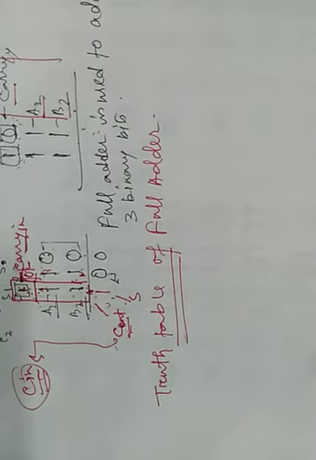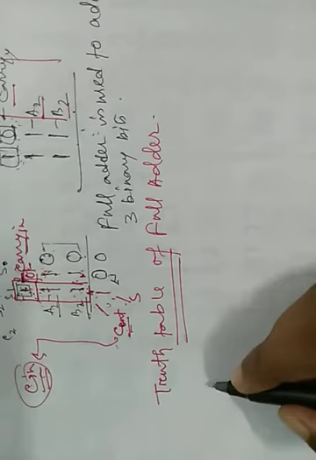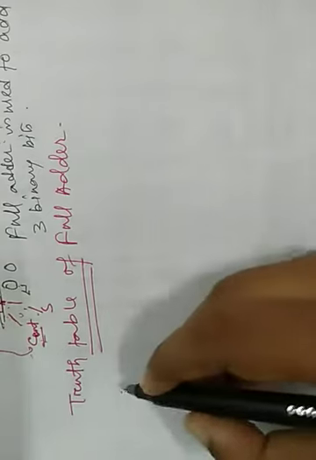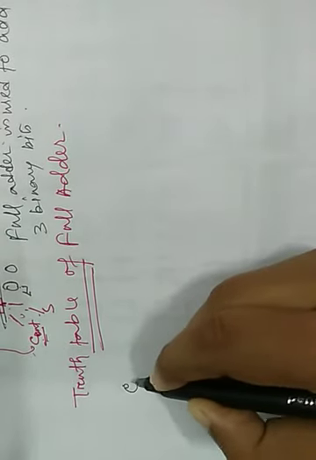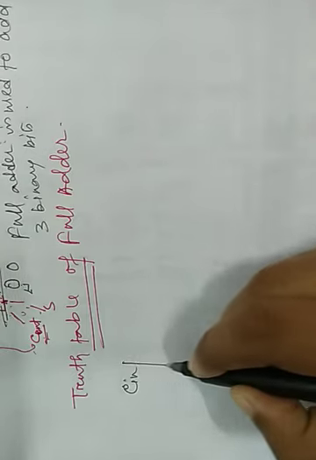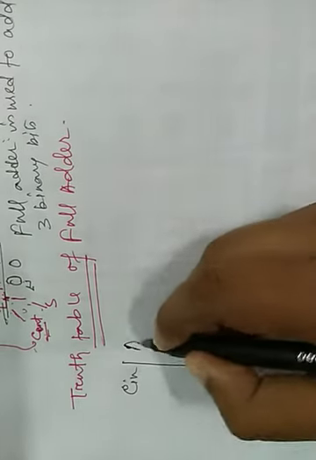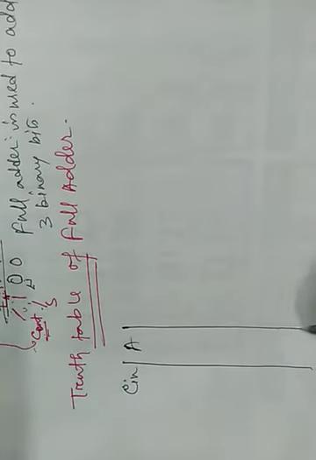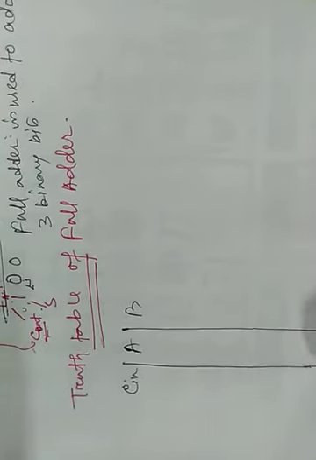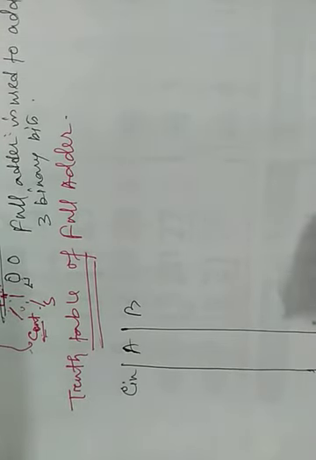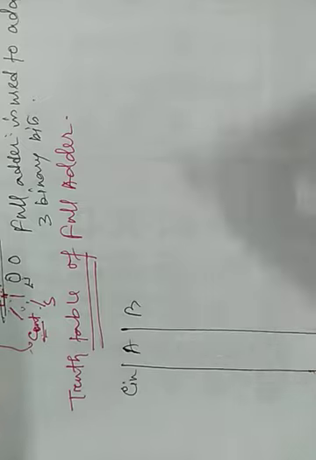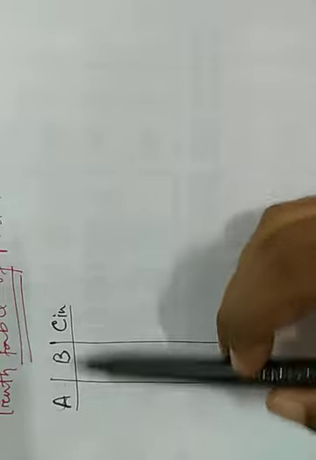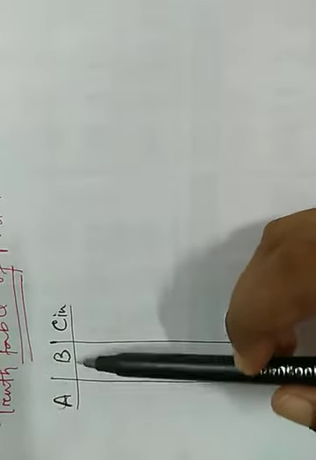So in our truth table we have 3 input lines: one is C in, another is A input, and another is B. I am just changing the sequence of the table here so that you can understand it easily.